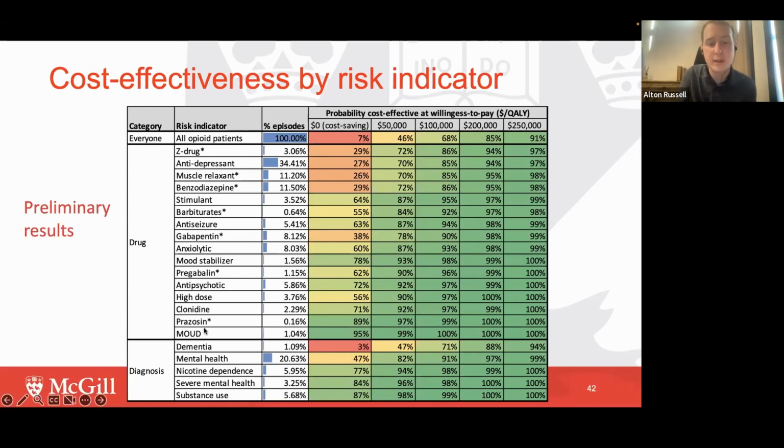But if you look at things like MOUD or prazosin, we estimated in this initial preliminary pass that it might be very cost effective and in fact cost saving. So basically the savings you get by averting those deaths and those productivity losses exceed the cost of the naloxone.